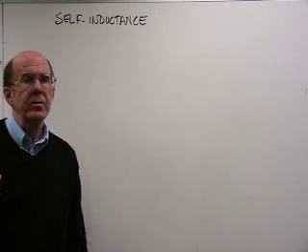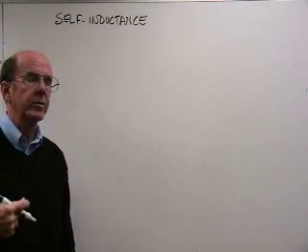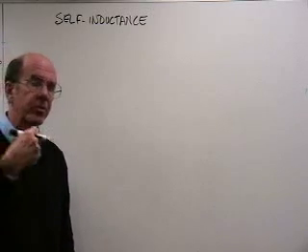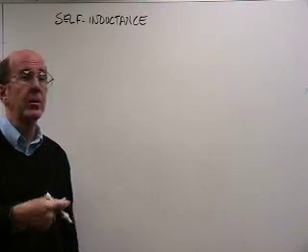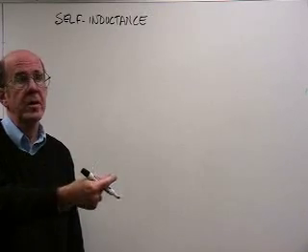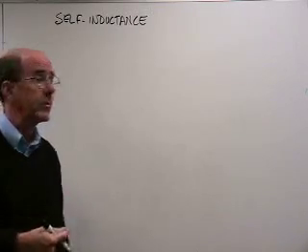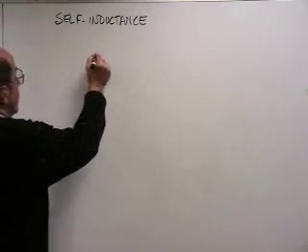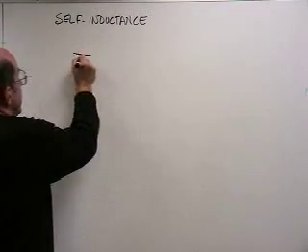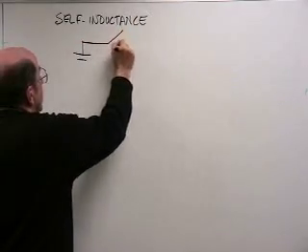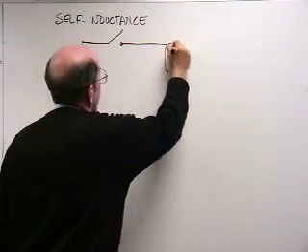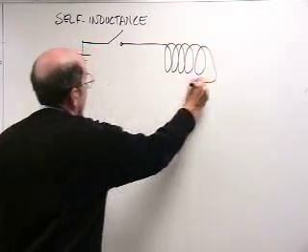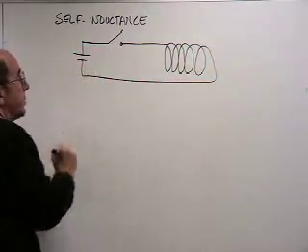All right, we showed how you could use a current through one coil to induce a current through another coil. Let's talk about how putting a changing current through a coil, or through any conductor, can induce a voltage in that conductor itself. Let's take an example similar to the one we did a minute ago. Let's have a battery connected through a switch to a single coil, like that.